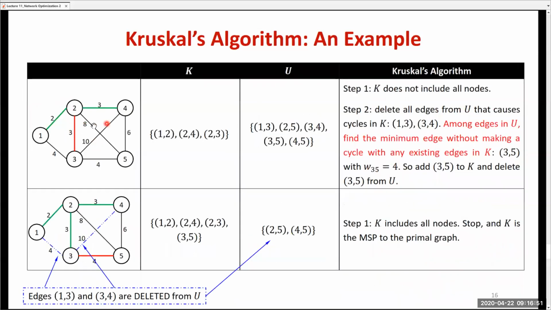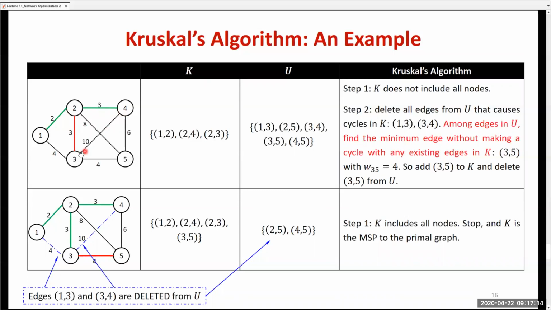However, here, if we choose 1, 3 or 4, 3, we're going to have cycles with existing edges in K, which currently are 1, 2, 2, 3, and 2, 4. So in step 2, we're going to remove edges 1, 3 and 3, 4. This is step 2.1.